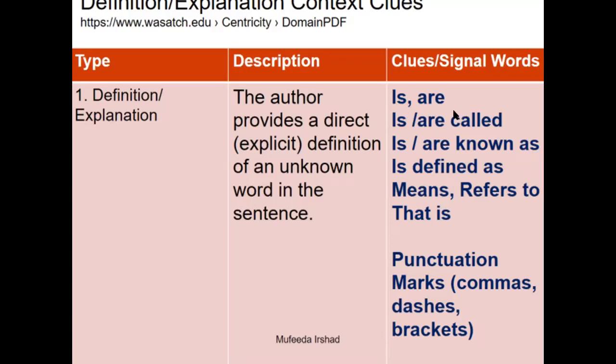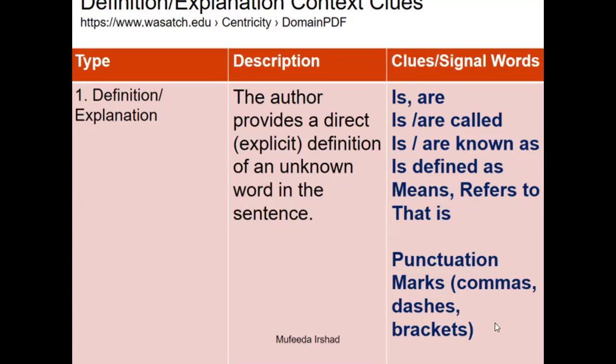Some of the words that writers use to signal definition clues are is, or are if it's plural, called, is known as, a leader is known as, or leaders are known as, defined as, means, refers to, that is. So these are all signal words or clues that writers use to signal a definition.